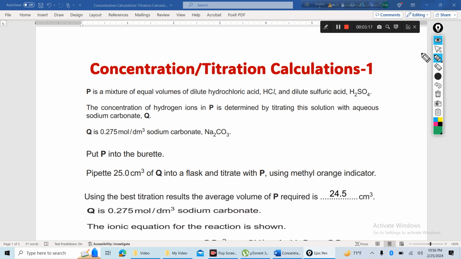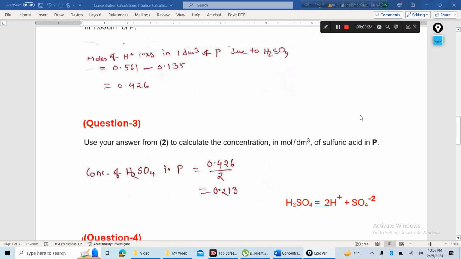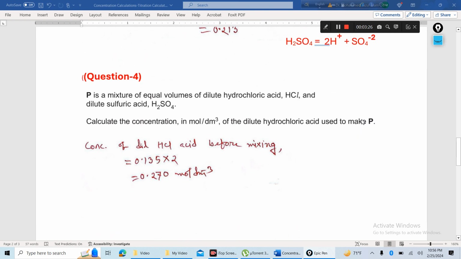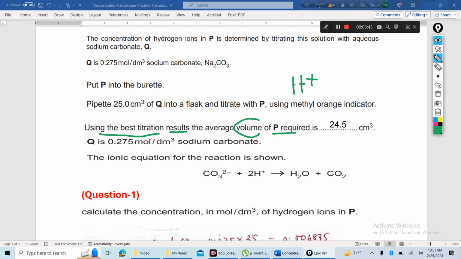Now you see, using the best titration result, the average volume of P, meaning acid, hydrogen ion, is 24.5 cm cube.